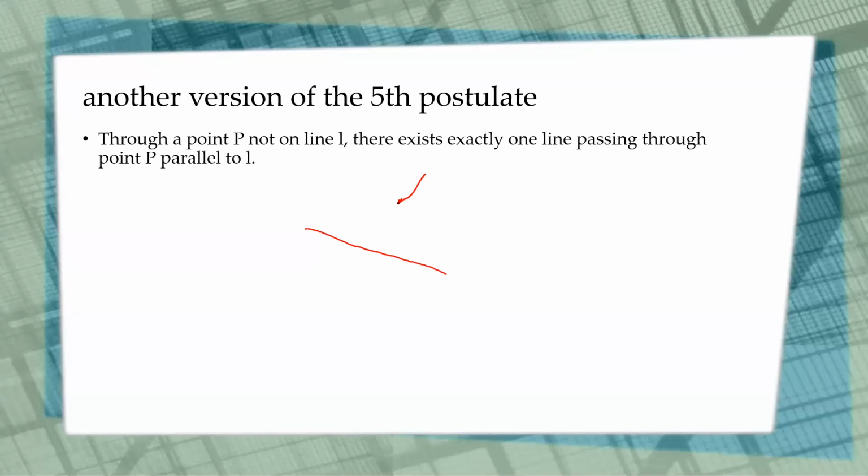When we consider this line, this is not the line that we're looking for because this is not parallel to this line. In fact, nag-intersect siya. What we are looking for is actually this line. Yeah. There is a line, there is a point not on the line. And if we draw a line through that point, there exists exactly one of that line that is parallel to this line. Yan yung fifth postulate.